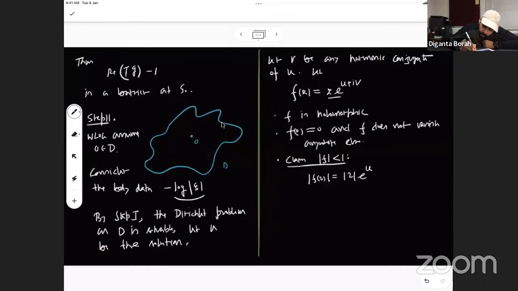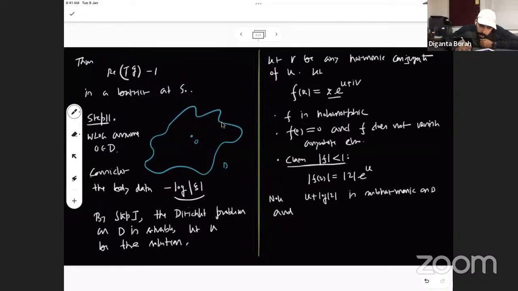U is a harmonic function. Boundary data is minus log of mod z. So let's look at the function u plus log mod z. The function u is harmonic. Log mod z is subharmonic, that we saw, right? So this is subharmonic in D. And what happens on the boundary?